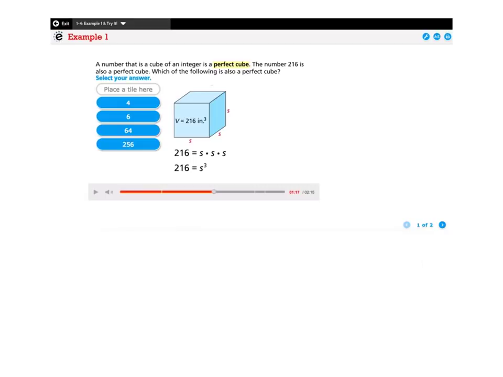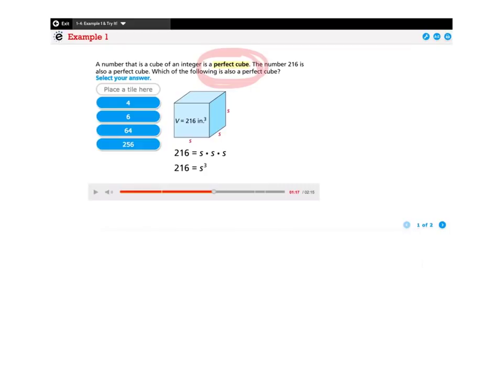Okay, so in other words, 4, 6, 64, or 256, one of those will also be a perfect cube. Just like we had perfect squares, like 4 and 9 and 16 and 25, we also have perfect cubes. We'll be able to use our calculator to help us figure out what perfect cubes are, but they're very similar in that when we go to determine if a number is a perfect cube using our calculator, one of two things happens.